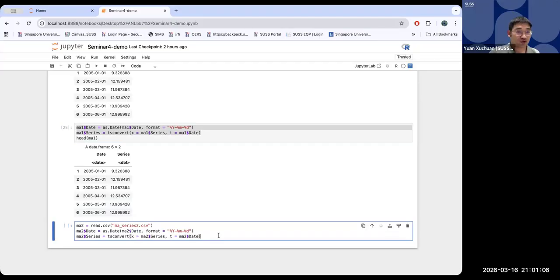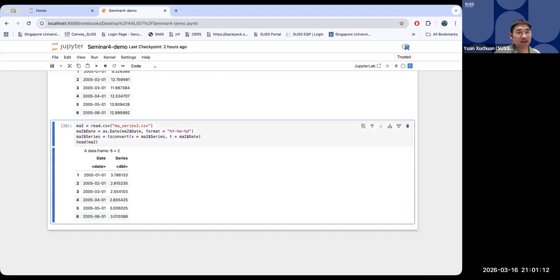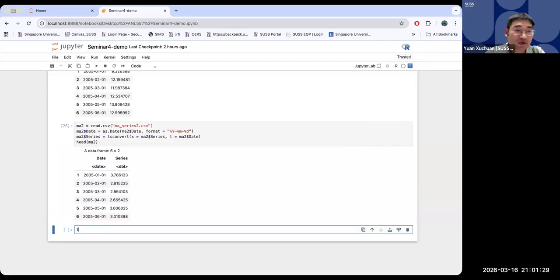All right, so MA2, let's look at MA2. So these are two data sets. Let's look at the line plot, or you can use TS explore. Let's look at the TS explore.